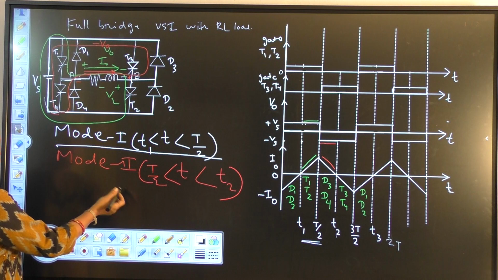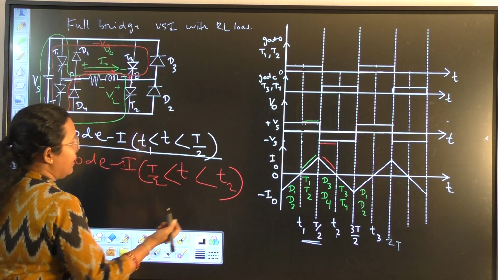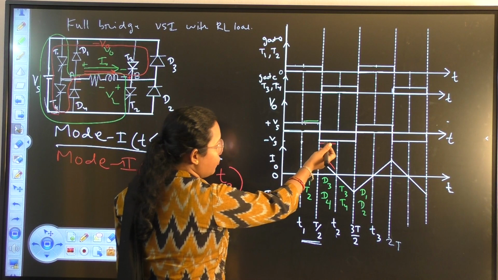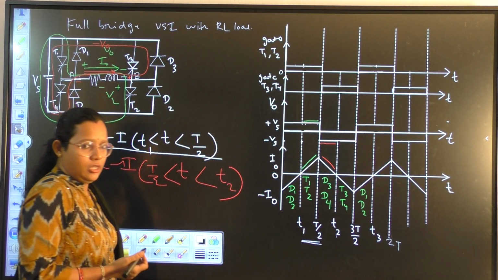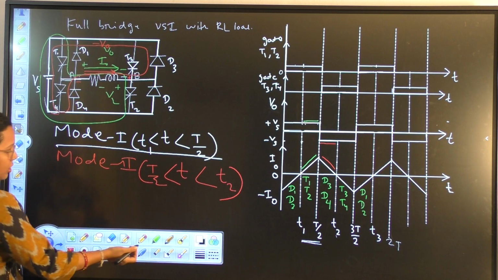Here I0 is decaying to 0 and my output voltage is negative of the source voltage. Then coming to mode 3 operation.